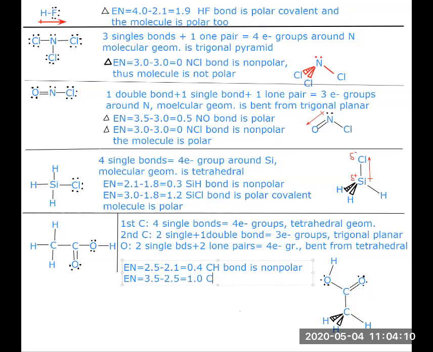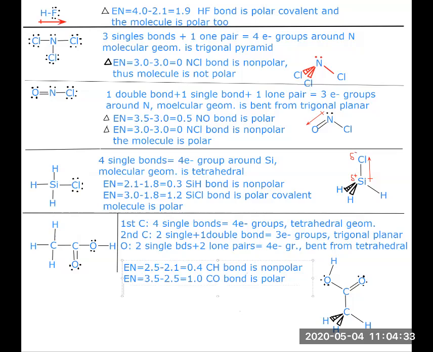So the CO bond is polar, and it doesn't matter whether it's a single bond or double bond, both of them will be classified the same way. And you calculate only once. So yeah, CO bonds, from doing this a lot, you will probably remember the CO bond is polar.